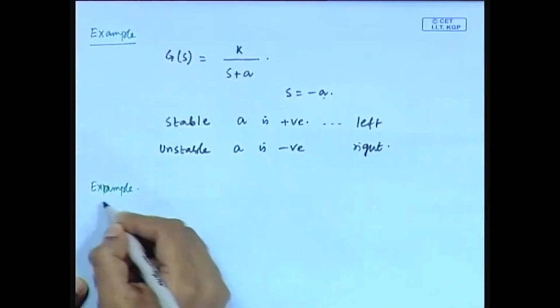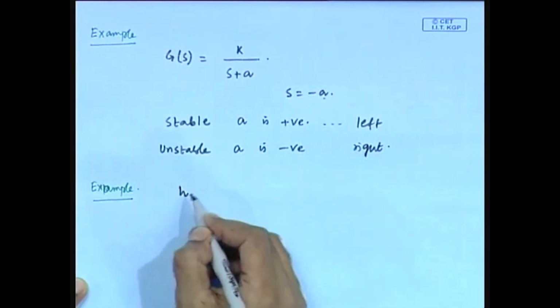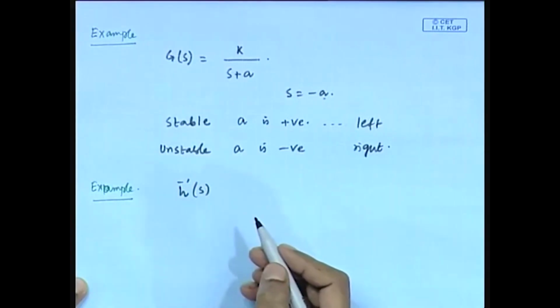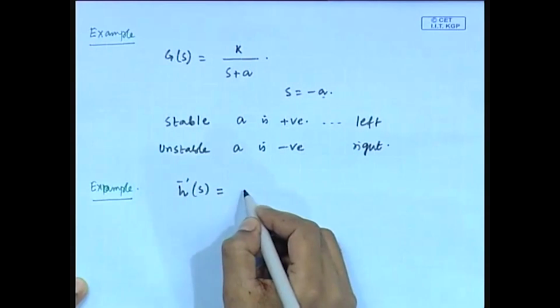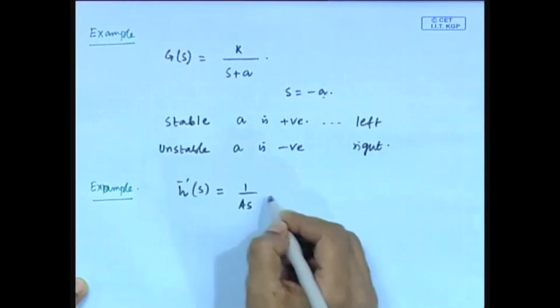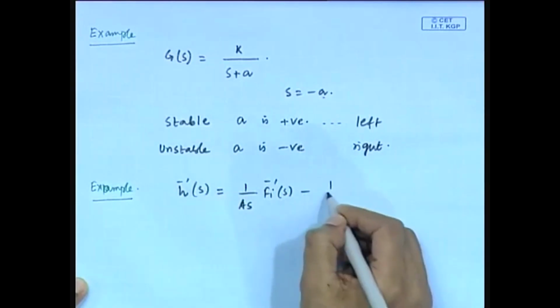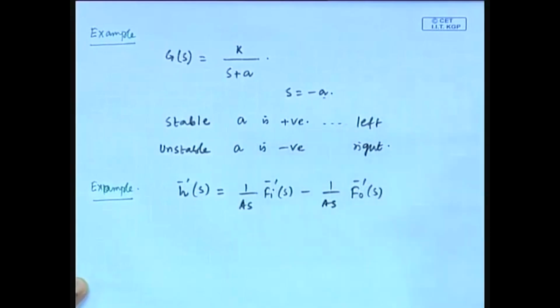Another example we can consider is the liquid level system. For the case of the liquid level system, we got the transfer function, one divided by A s F_i bar prime(s) minus 1 divided by F(s) F_o bar prime(s), fine.